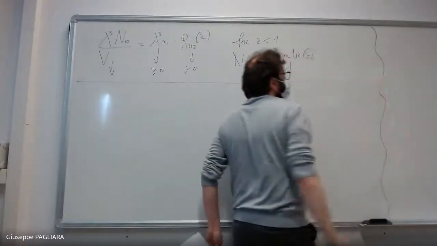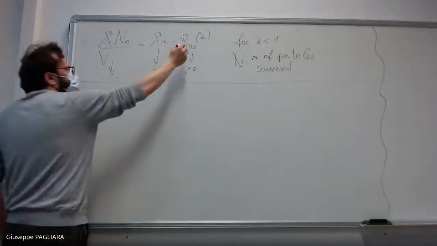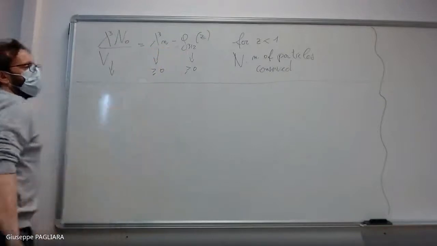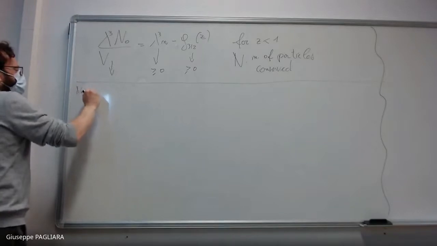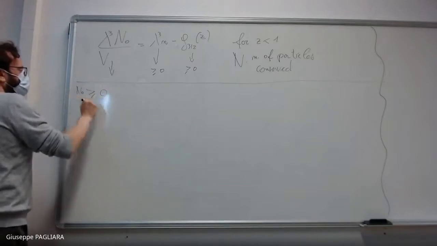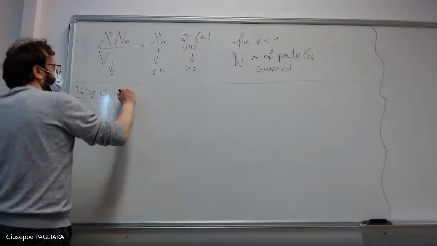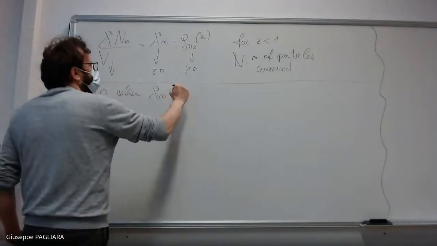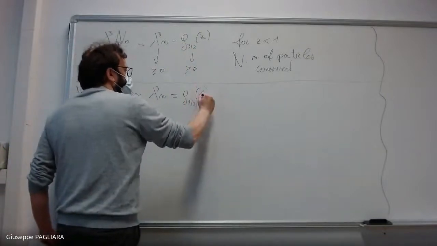Now, the critical situation occurs when z is equal to 1 and lambda cubed n is equal to this function here. So if you want, n_0 starts to be finite, not infinitesimal, when lambda cubed n is equal to this function here, computed at 1.